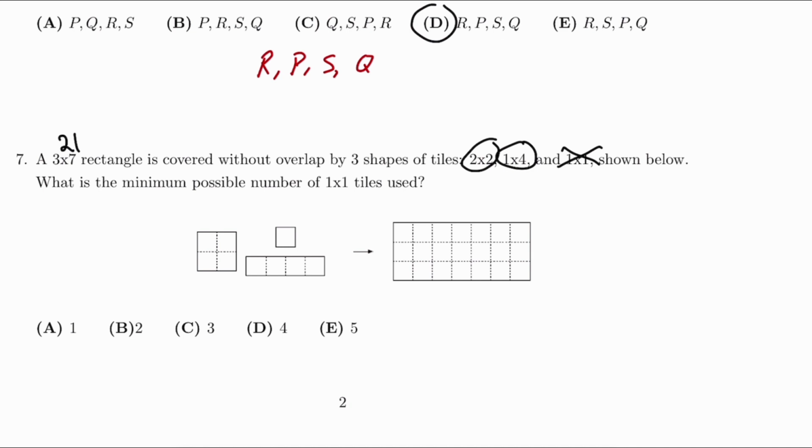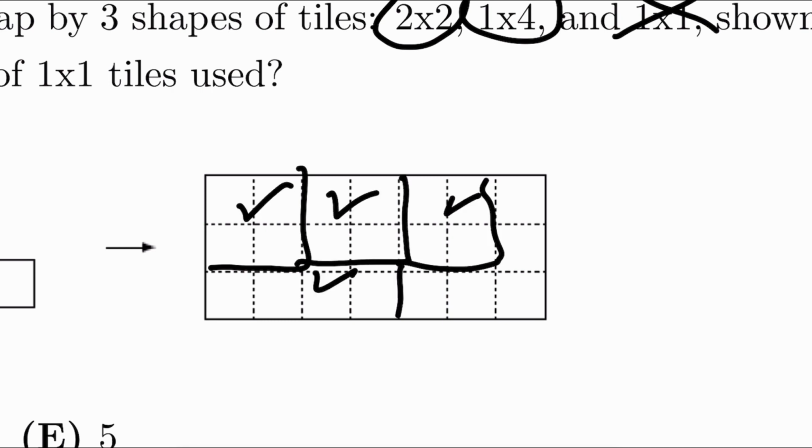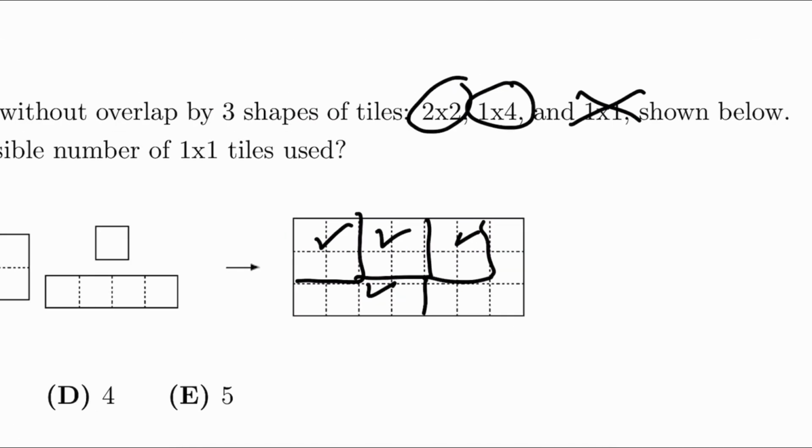I just drew a construction for you that it is possible for us to have 1, 2, 3, 4 of the 4-square tiles. This means that 16 is possible, and there are 21 in total, so we need 5 1x1s.